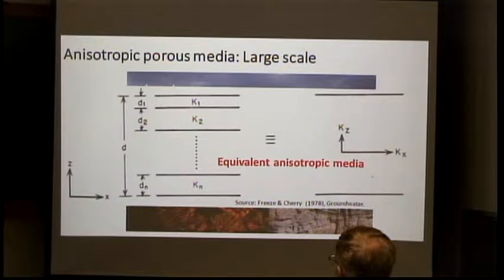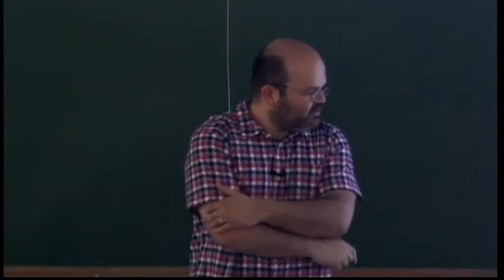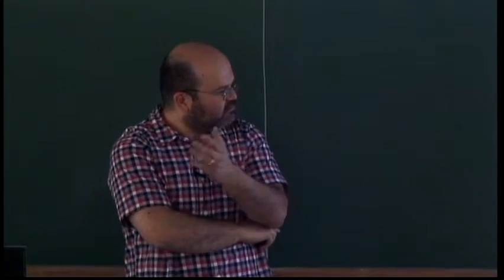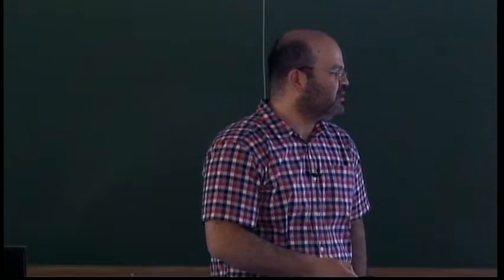And I don't know if we have an answer, but the rule of thumb that everyone uses is that the vertical direction is approximately 10 to 100 times less than the horizontal direction. So that's for that kind of scale, and that is accepted. We use it like that in groundwater modeling, etc.